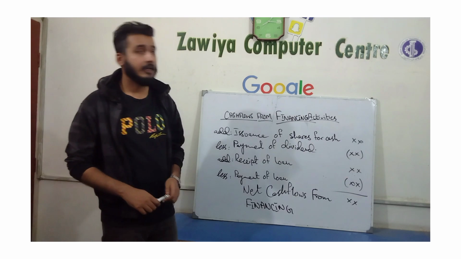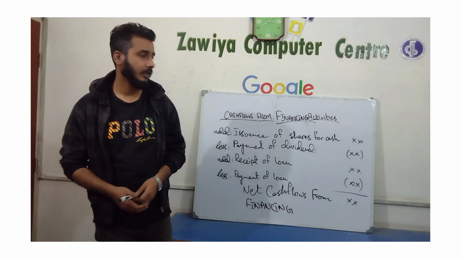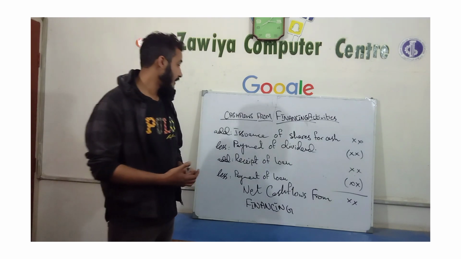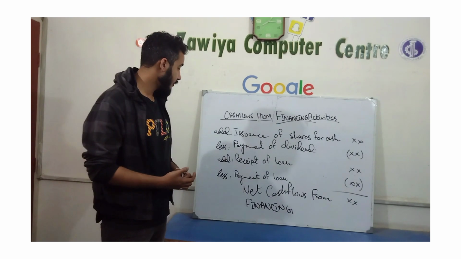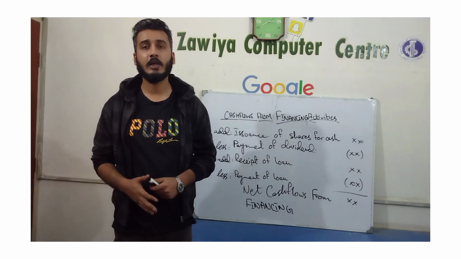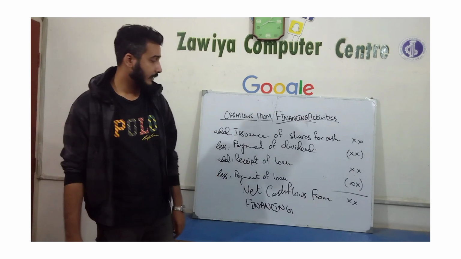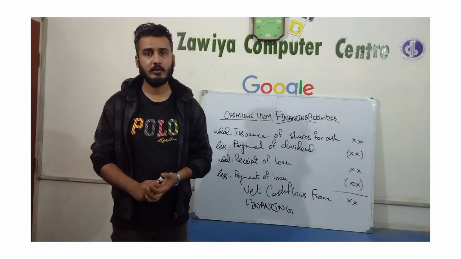Then we should deduct the payment of dividend because it is an outflow of cash. Then we will add the receipt of loan and we should deduct the payment of loan, if any, or payment of any long-term liability. So in that way we will get the net cash flows from financing activities.